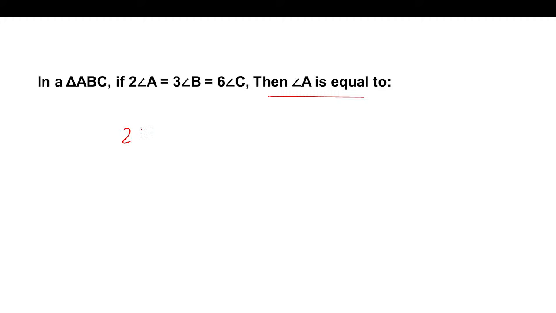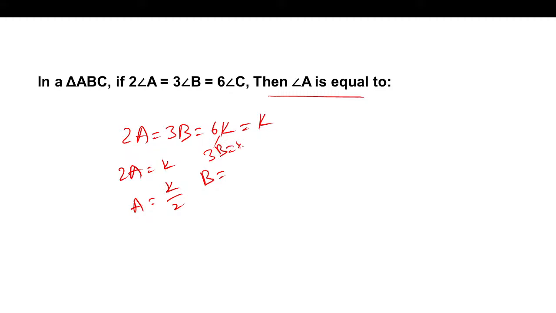Okay, 2A, 3B, 6C, I will assume as K. So 2A is equals to K, A is equals to K by 2, and B is equals to K by 3, and C is equals to what?